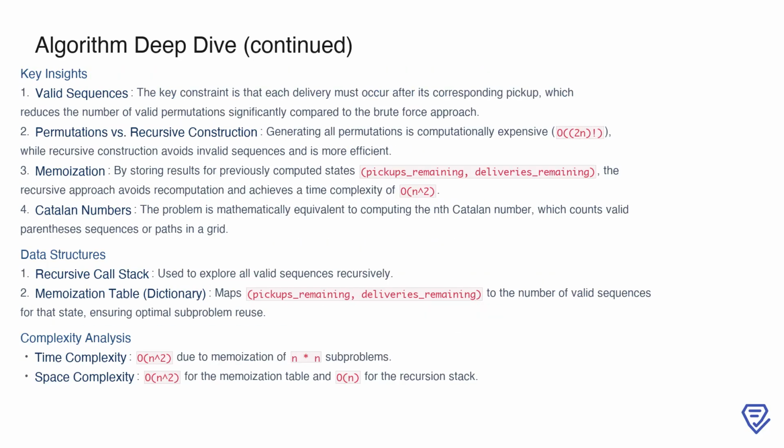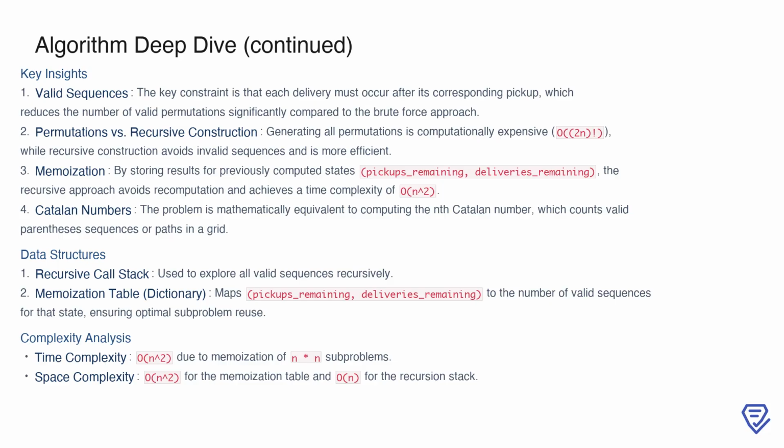The recursive approach offers several key insights. First, the main constraint that each delivery must occur after its corresponding pickup eliminates a vast number of invalid permutations, making this method far more efficient than the brute force approach. Instead of generating O(n!) permutations, we directly construct only valid sequences.